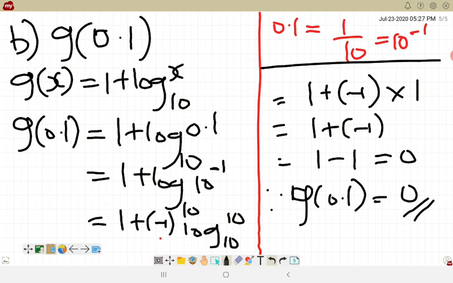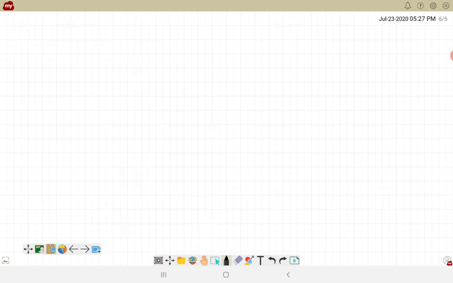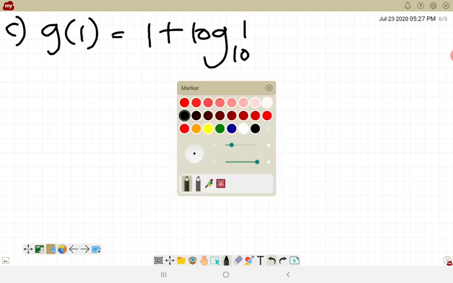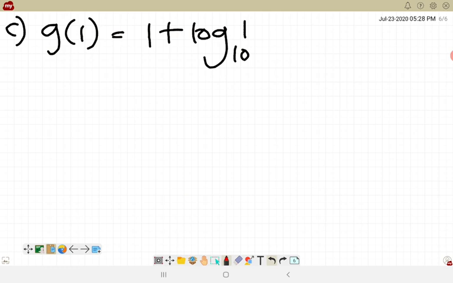So we take the next example, g of 1. Of course, that is obvious. g of 1 should not even take you long. g of 1 is 1 plus log 1 base 10. You know that 1 is the same thing as 10 raised to power 0.